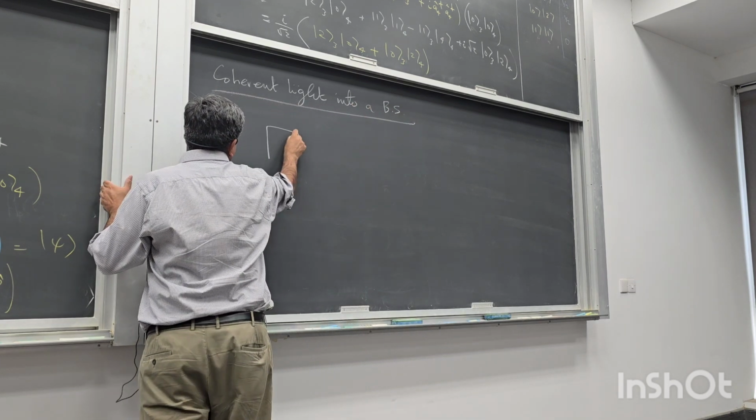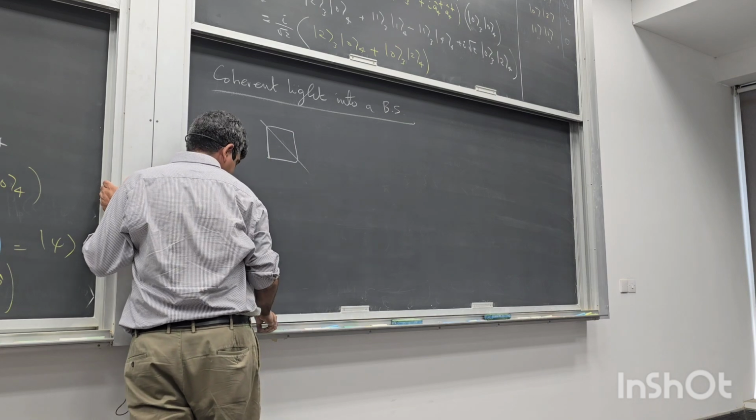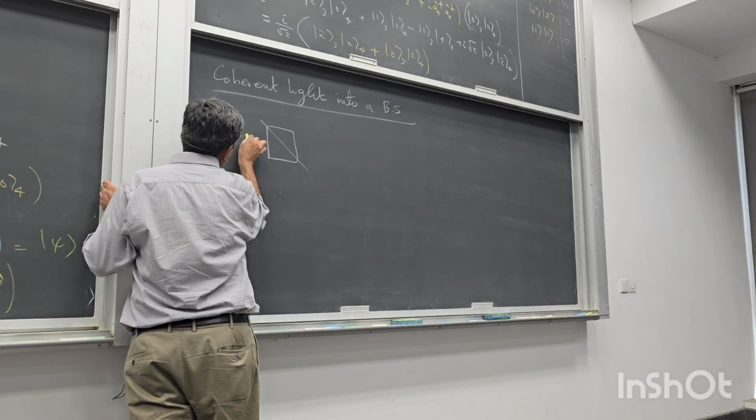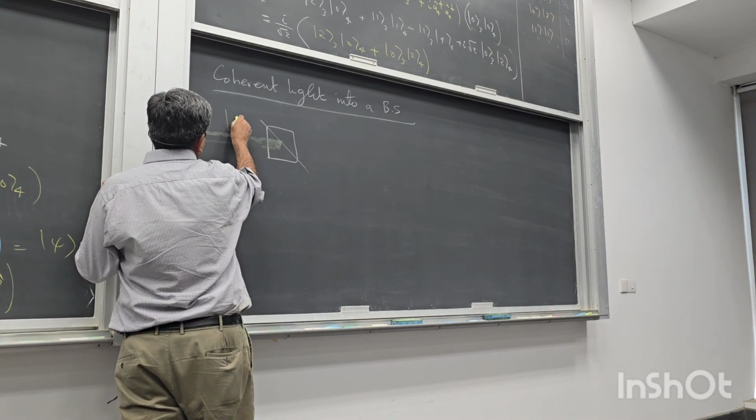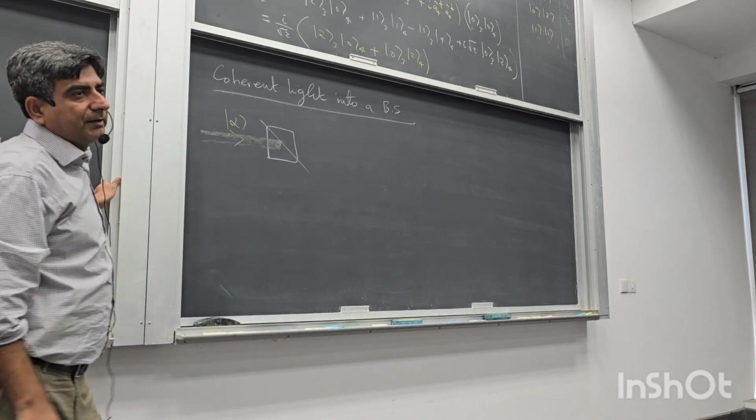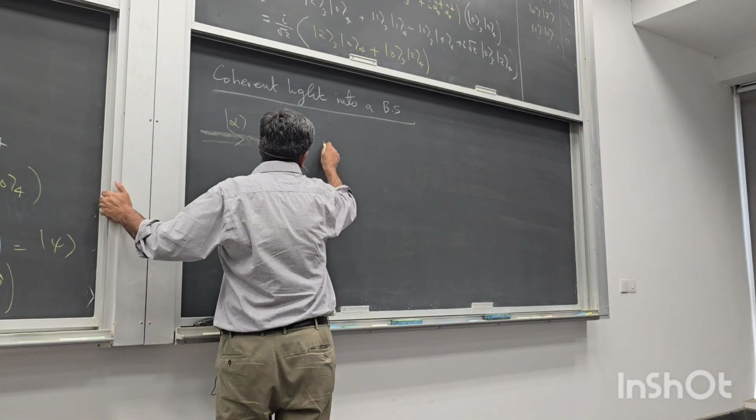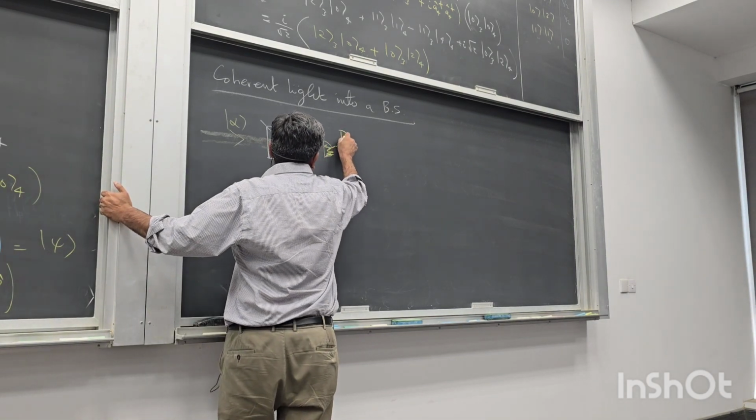So once again, I have my beamsplitter, and this time I just shine this with ket alpha, okay? And once again, I have two detectors, D1 and D2.